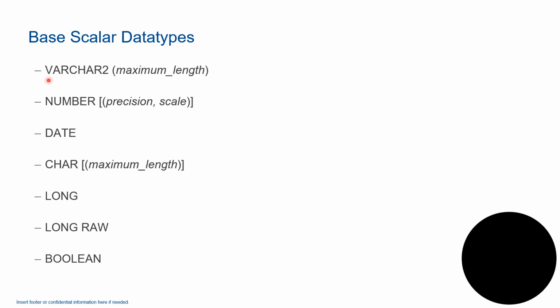Okay, so let's discuss VARCHAR2. What is VARCHAR2? It is a variable length character string with maximum size of 32,767 bytes. Again, we have VARCHAR and CHAR, so what is the basic difference? The basic difference is that one is of fixed length and the other is of variable length.